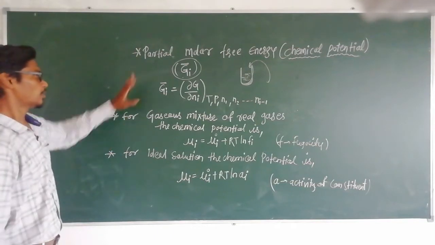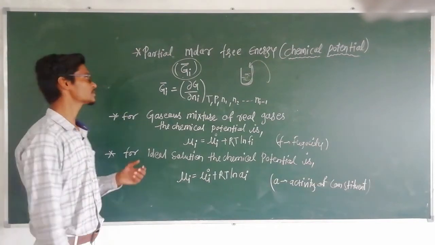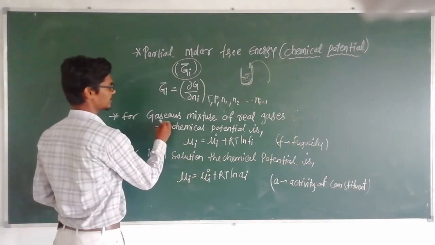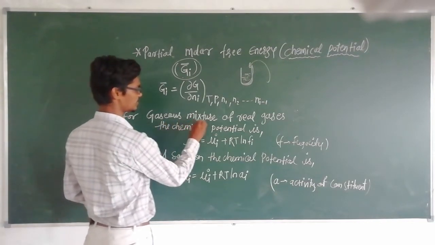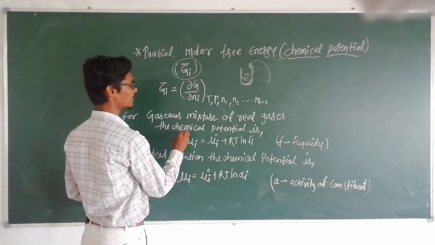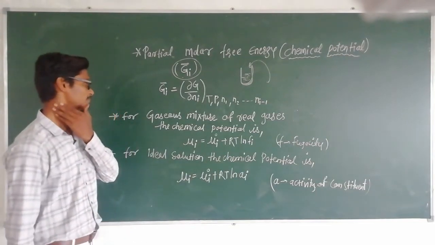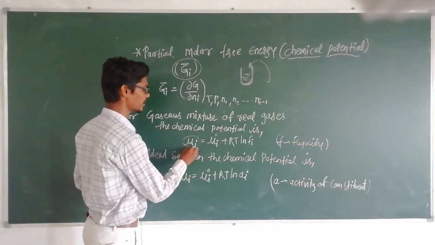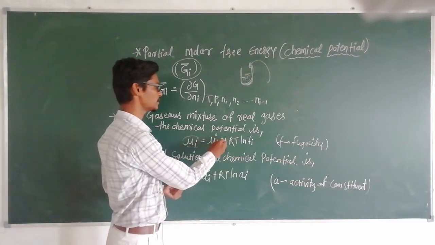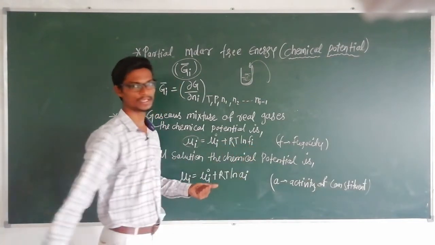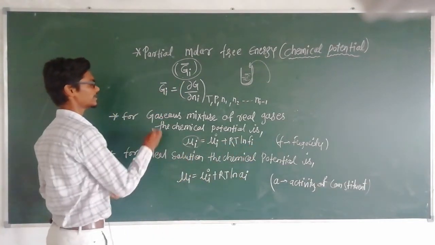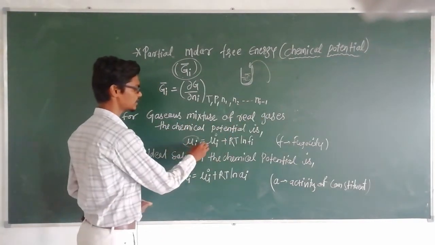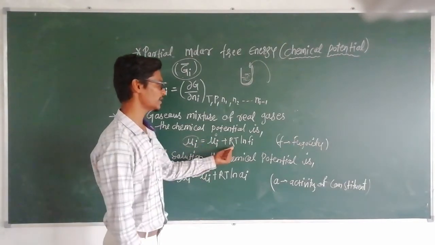Now there are two more terms associated with this partial molar free energy. For a mixture of real gases, the chemical potential is given by mu i is equal to mu i0 plus RT ln fi.